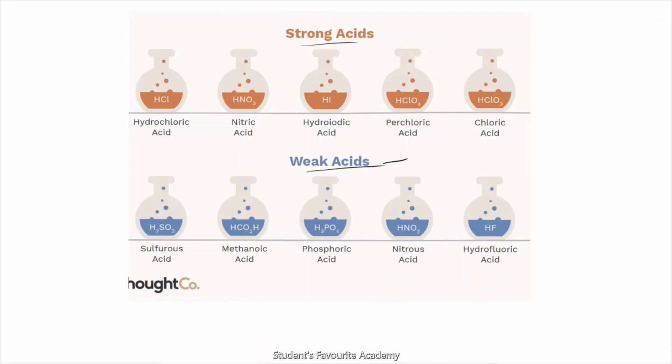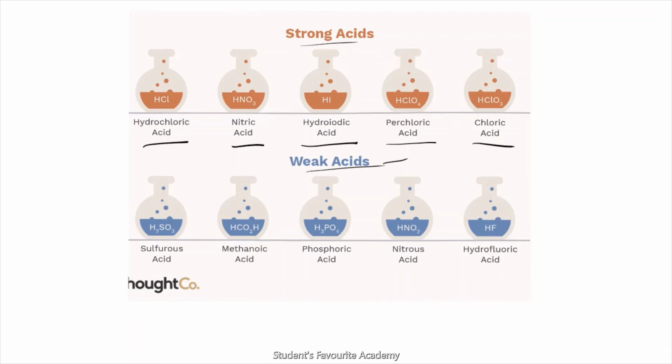For example, hydrochloric acid, nitric acid, hydroiodic acid, perchloric acid, chloric acid, all these are strong acids, and in these acids every molecule dissociates, forming H+ ions and thereby generating hydronium ions. Whereas in weak acids, every molecule does not dissociate.